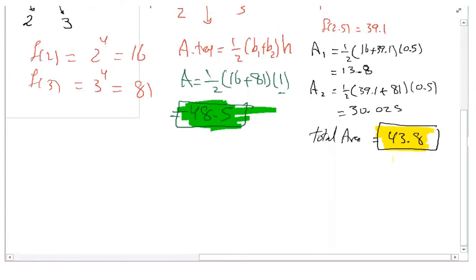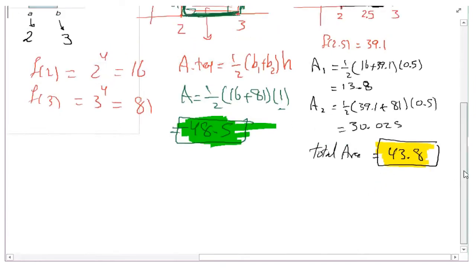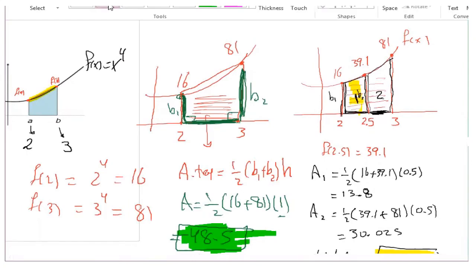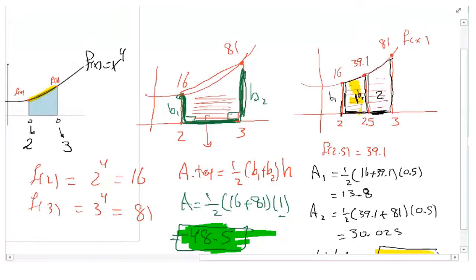So we can say that when we divide the area below the curve into more than one trapezium, the difference between the curve line and the line segment of the trapezium becomes smaller.